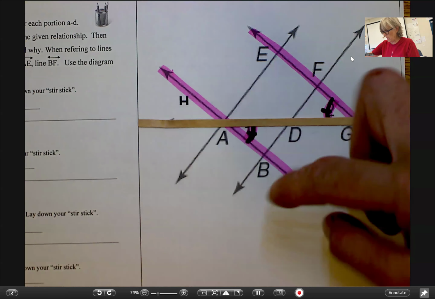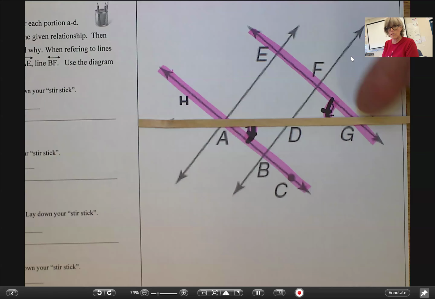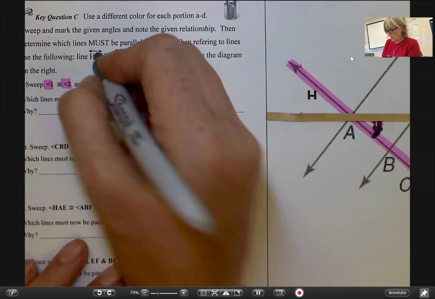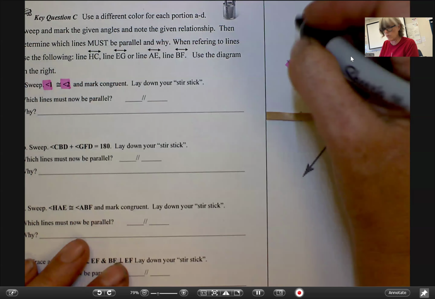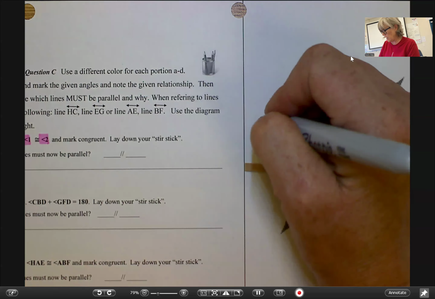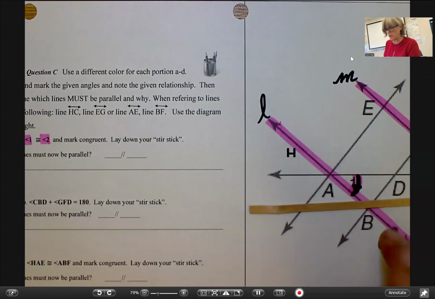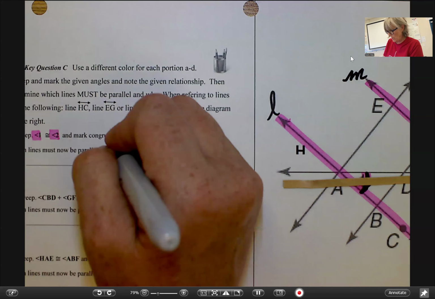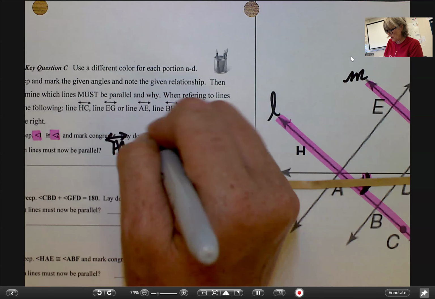And that's going to be line HC and line EG. Notice I'm using the uppercase points. I didn't give you lowercase names to the line, like naming the whole line, line M or line N. So I'm forcing you to use the points. So HC the line and EG the line.